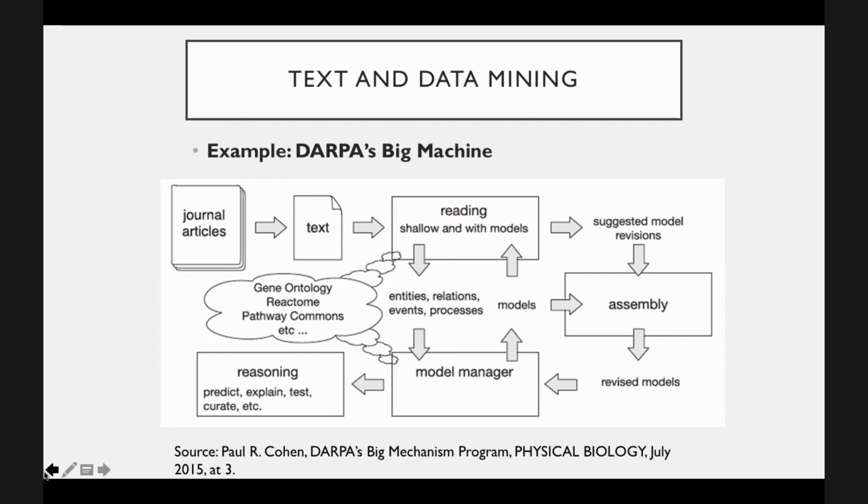So this graph shows you a little bit about what a TDM process might be: you take these published articles, you turn them into text that a machine can read, you run them through a model at a shallow level because you haven't created a data model around how to interpret this. You can then start to form that model and revise it.